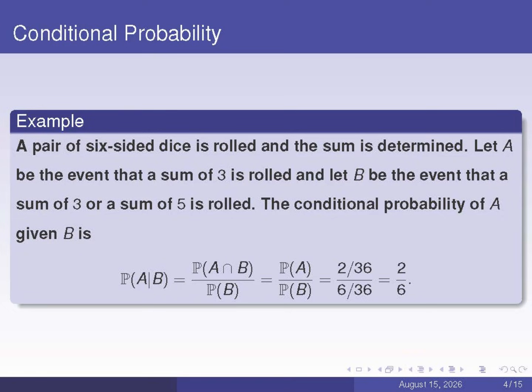Event B occurs in 6 cases: (1,2), (2,1), (1,4), (4,1), (2,3), and (3,2). Therefore, the probability of event B is P of B equals 6 over 36.